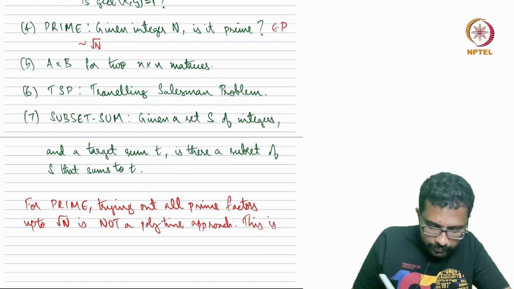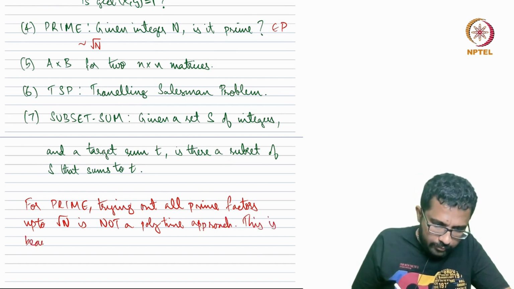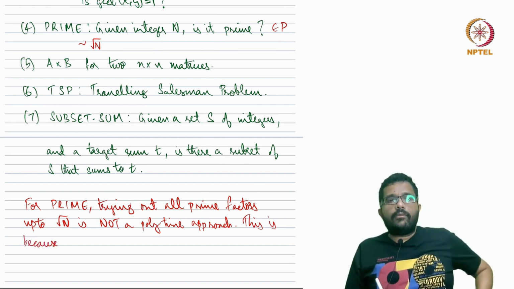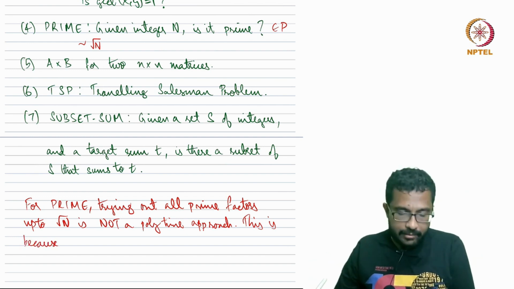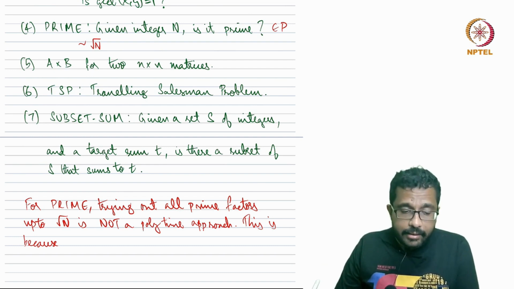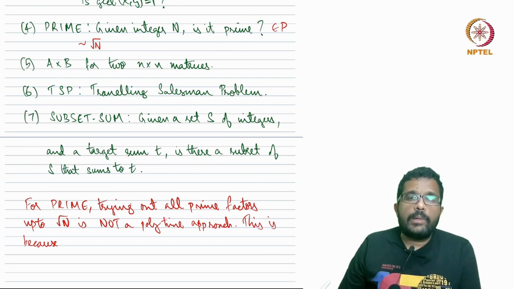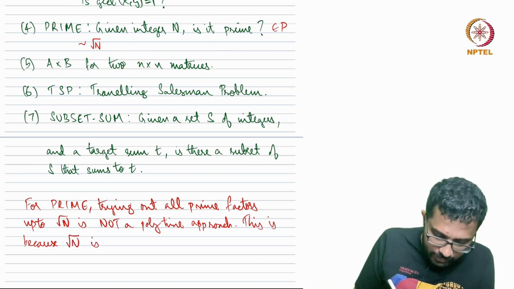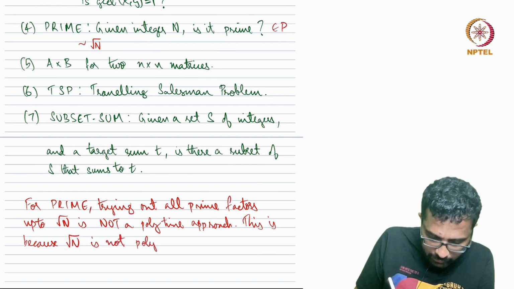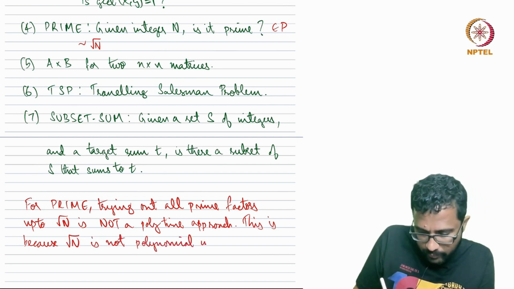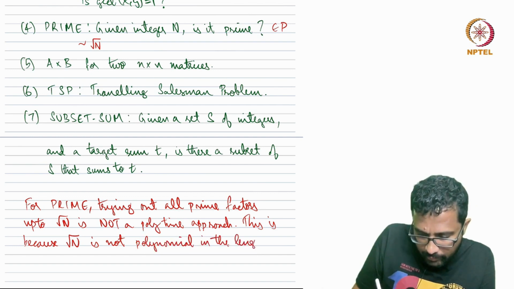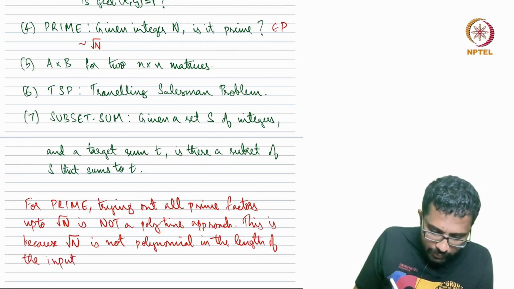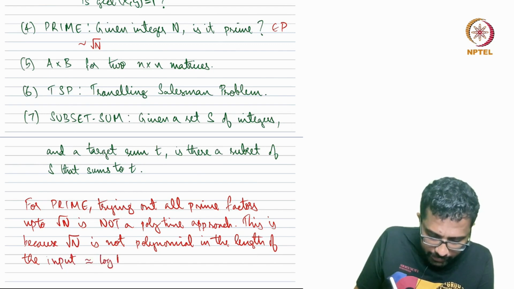This is because the problem here is that one may think that square root n is polynomial in capital N, which is correct. The thing is that the running time should be polynomial in the length of the input. Okay, so square root n is not polynomial in the length of the input, which is like log n.